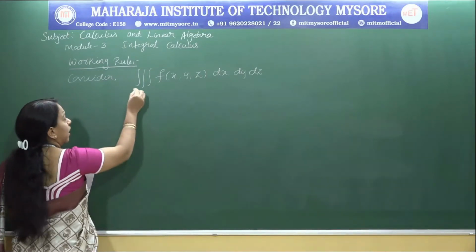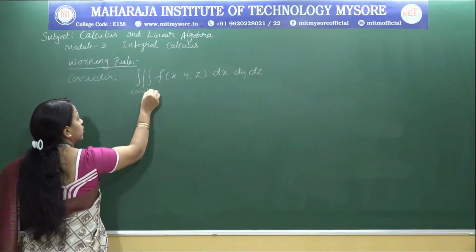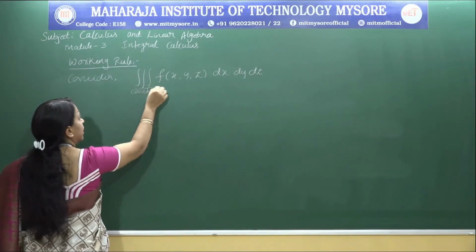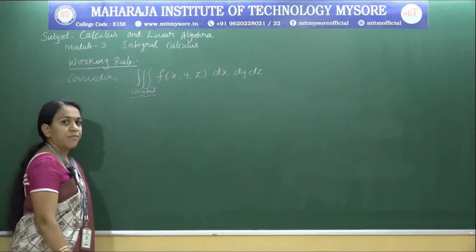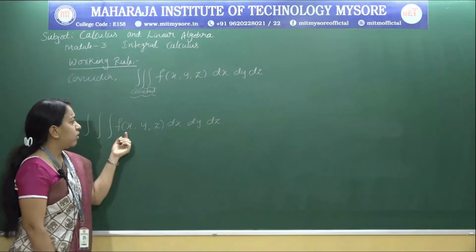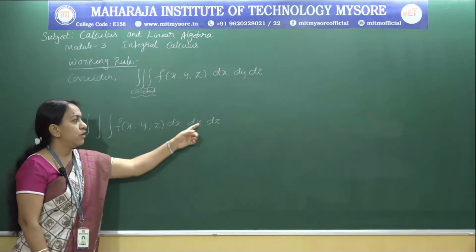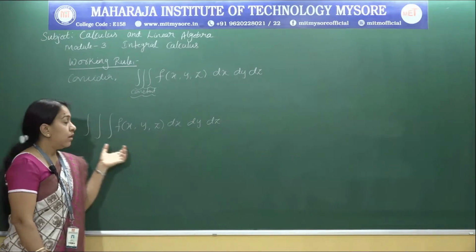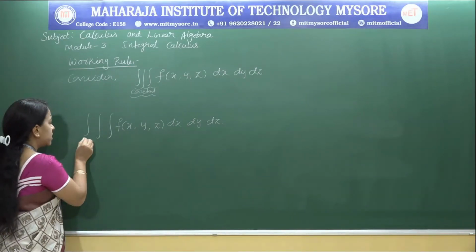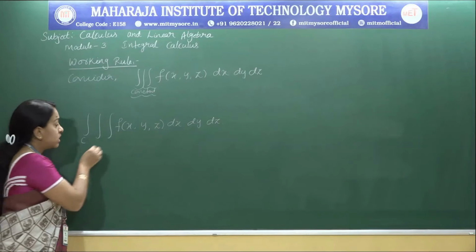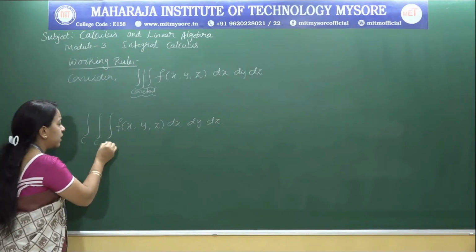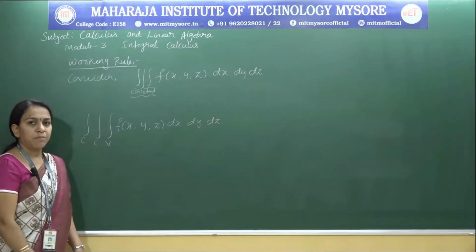The options are, I can have all three limits as constant limits. Another option is, if I have a triple integral of f of x, y, z, dx, dy, dz, in the limit place I can have the first as a constant limit, the second also as a constant, and the third as a variable limit.